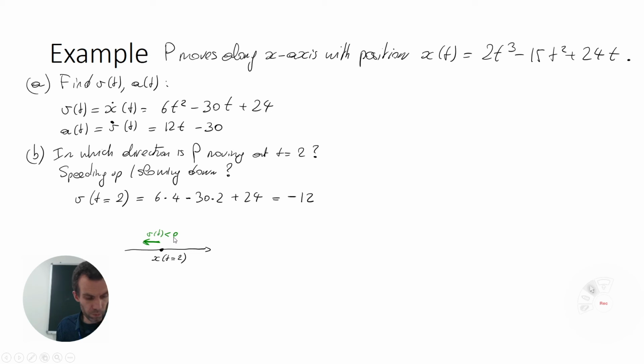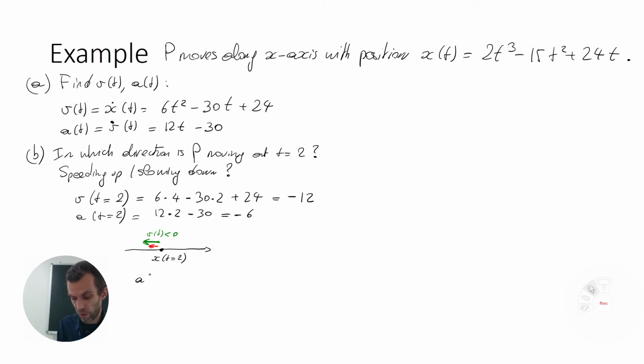Is it speeding up or is it slowing down? Well, for that we need to compute the acceleration as well. And the acceleration is 12 times 2 minus 30, which is minus 6. The acceleration has the same sign as the velocity, so the acceleration points in the negative direction. So we can conclude that the particle is speeding up.